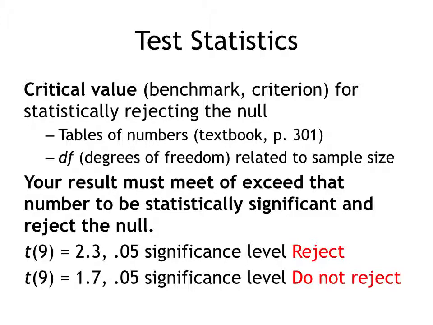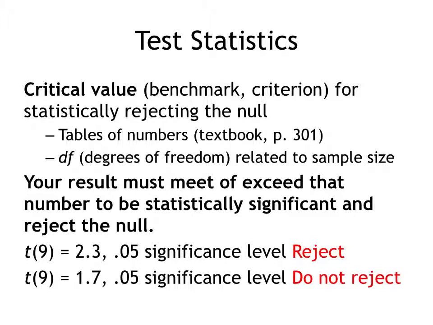Down the left is the degrees of freedom, and that's related to the sample size. So if the degrees of freedom is very, very high, there were lots of people in the sample. If it's low, there were just a few people in the sample. And basically, when you run the test, your result has to meet or exceed that number in the table to be statistically significant.